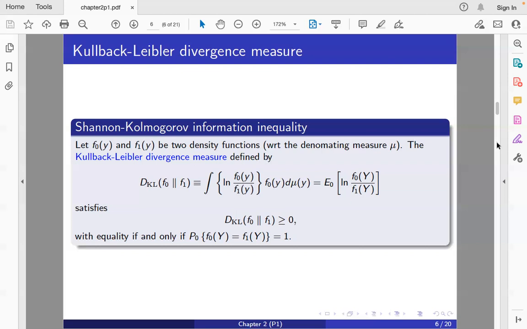So in that sense, this is maybe not perfect, but maybe it's okay to use this as some sort of tool for discussing distance between two density functions. We'll worry about the real meaning later, but for now, let's focus on the mathematical result.